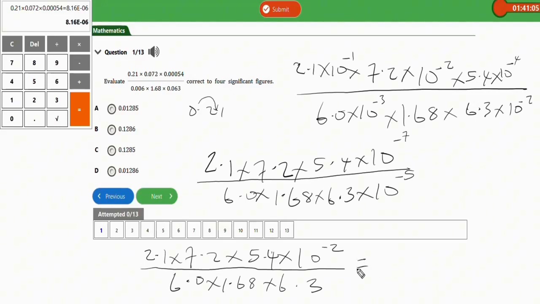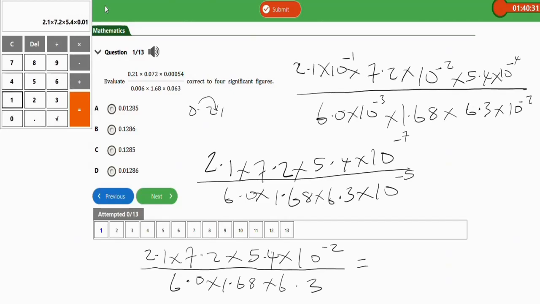So let's break it down now with this calculator and see what it's going to give us. This time around we have 2.1 times 7.2 times 5.4 times, now 10 to the power negative 2 is the same as 0.01.